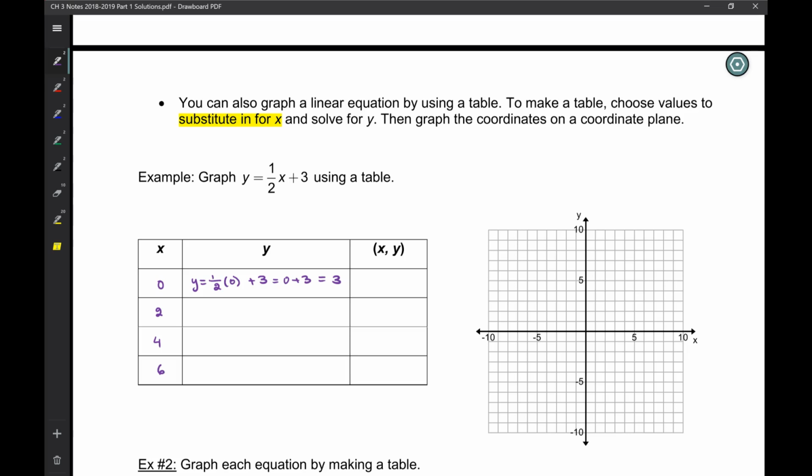Okay, now we're going to plug in the next one. We're going to plug in the 2. Okay? Now, when you get 3 here, before we move on, we're going to put it in coordinate form. What is the x value? 0. What is the y value? 3. Okay?